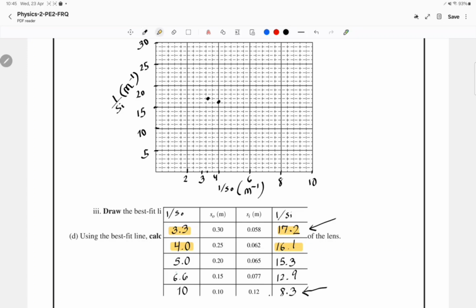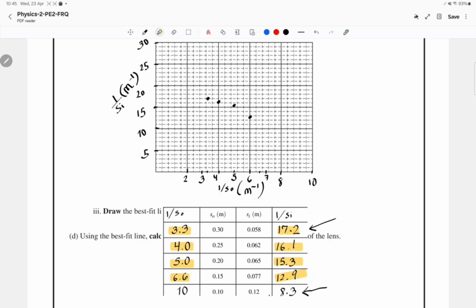Next up, 5 and 15.3. So 5 and 15.3 somewhere here. Next up, 6.6 and 12.9. So this is a 7. That's 6.6 and 12.9, which is here.